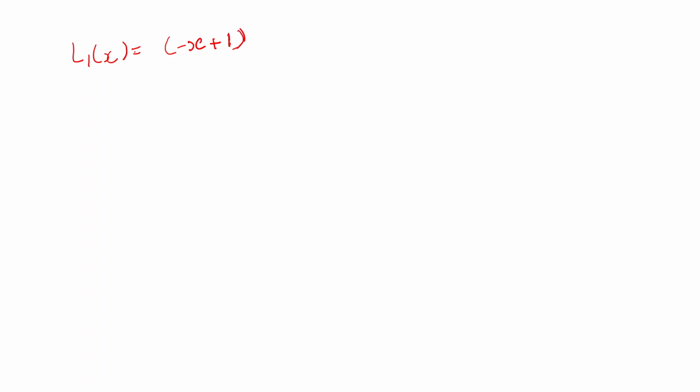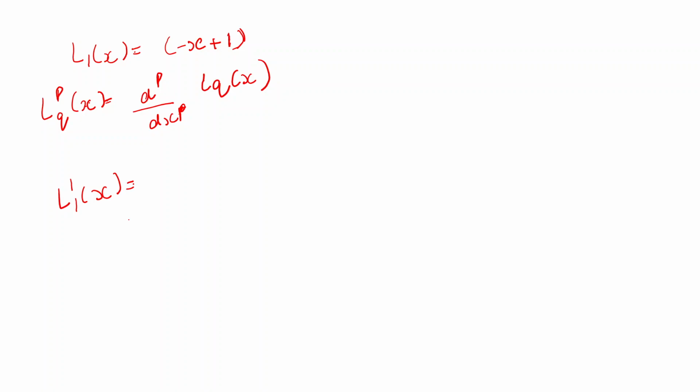Now you have to calculate L_q^p(x), which equals d^p by dx^p of L_q(x). Now you know p is also 1, q is also 1. The value you have calculated is minus x plus 1.